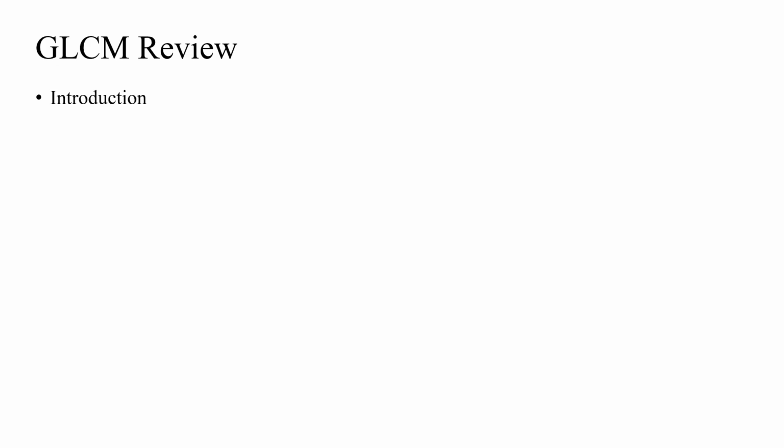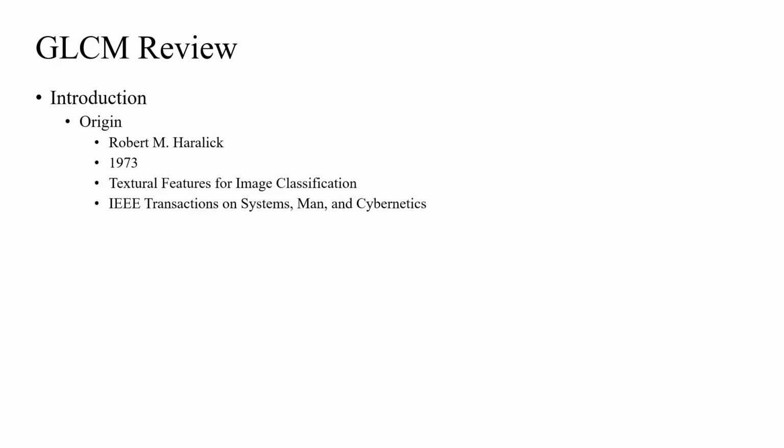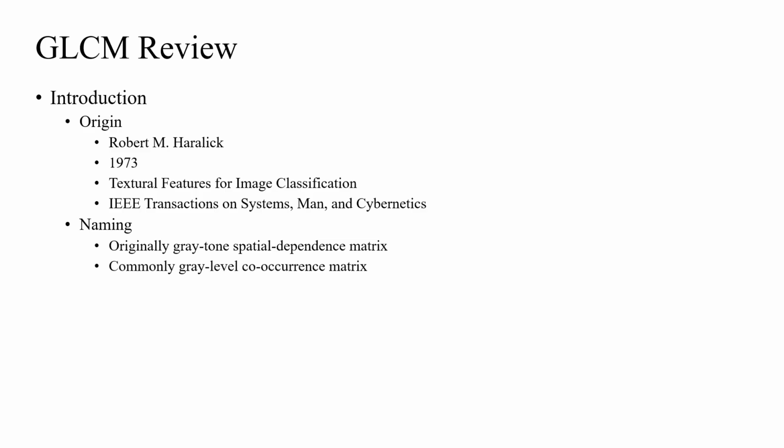Before we jump into the study, let's first familiarize ourselves with GLCM. GLCM was first introduced by Dr. Robert M. Haralick in 1973 in an article named Textural Features for Image Classification, published in IEEE Transactions on Systems, Man, and Cybernetics. GLCM was originally named Grade Tone Spatial Dependence Matrix, but now is commonly known as grade-level co-occurrence matrix.